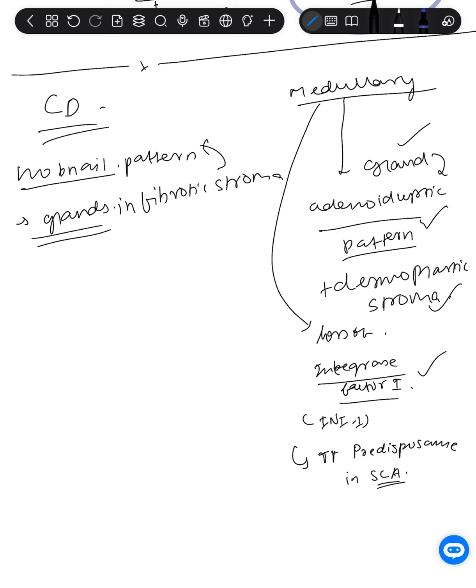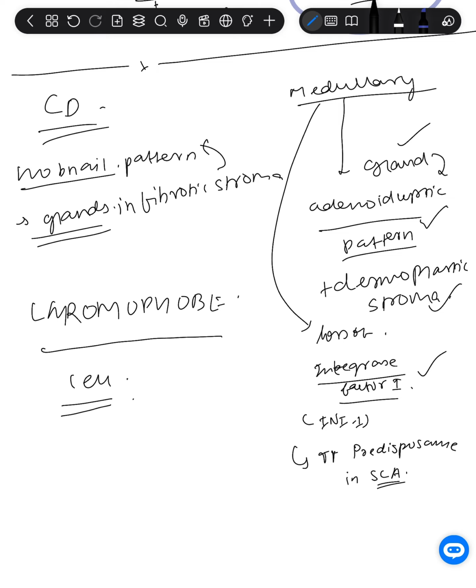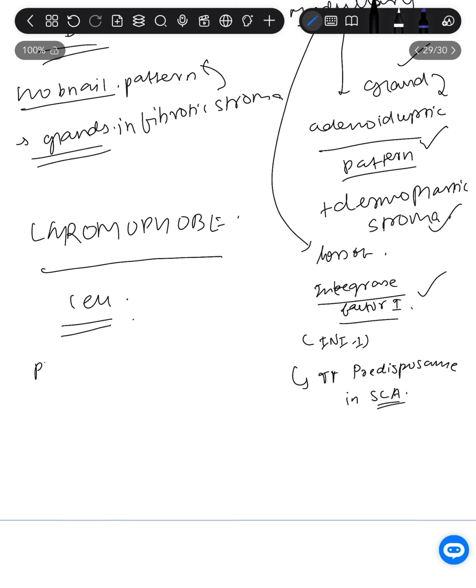In chromophobe carcinoma, the thing that you really need to remember is this: the cells have a prominent cell membrane. They have eosinophilic cytoplasm.